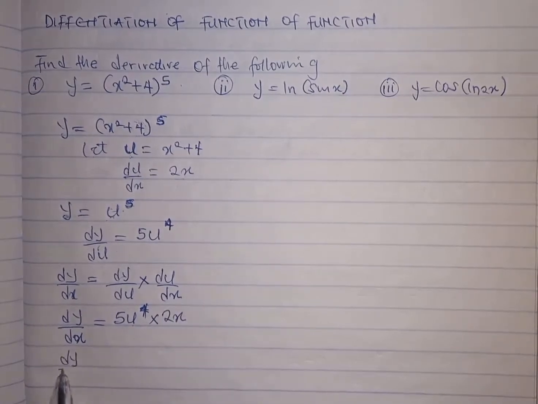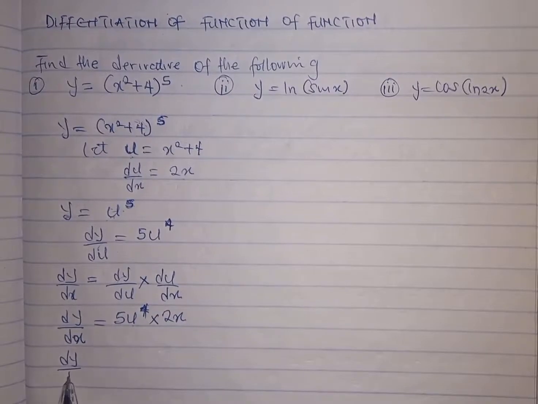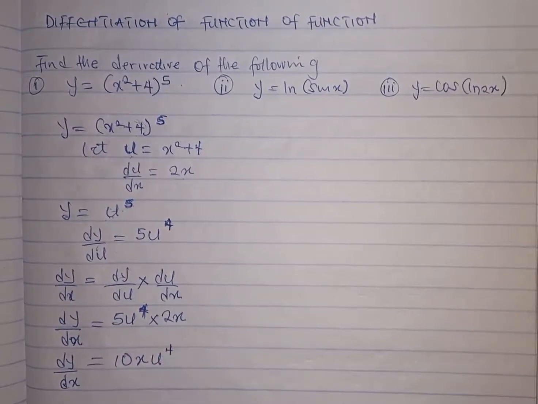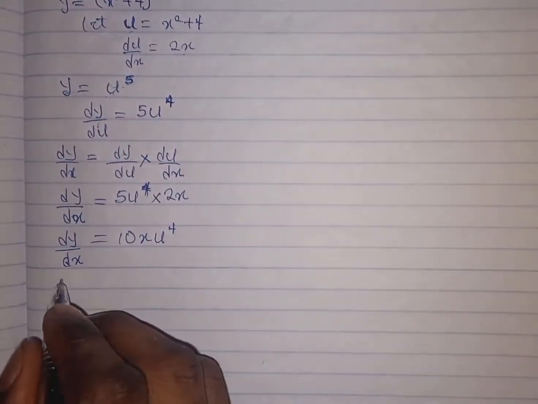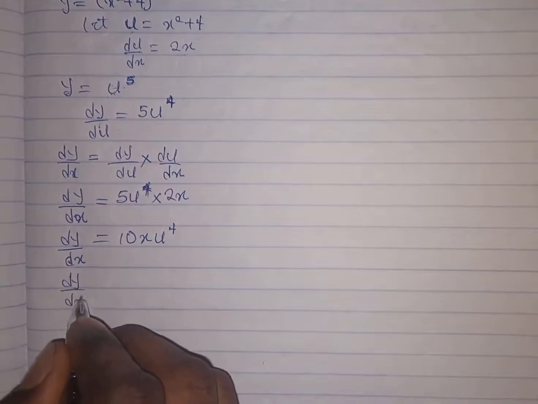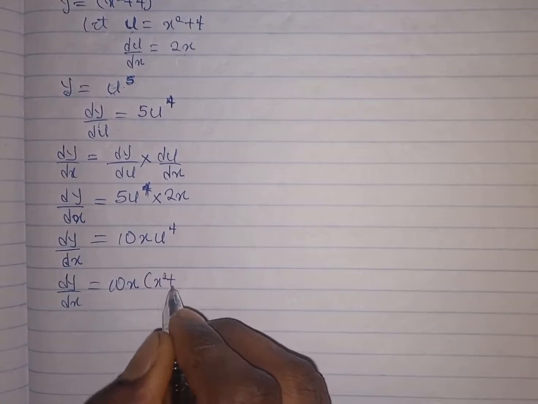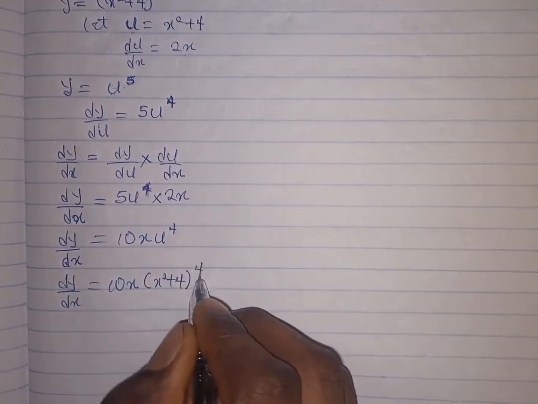So dy/dx will be equal to 10x u raised to the power of 4. And don't forget that your u is x squared plus 4, so it's 10x times x squared plus 4 raised to the power of 4.